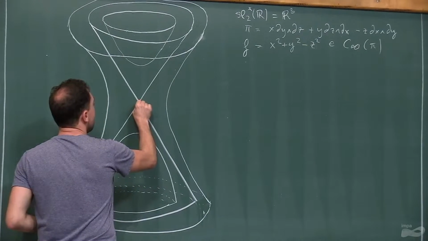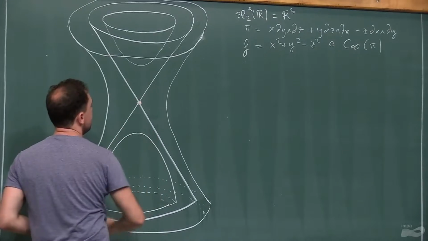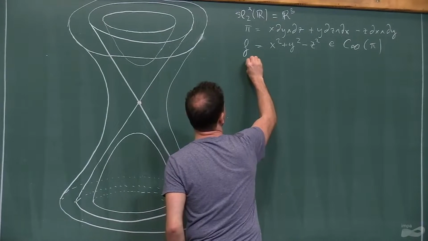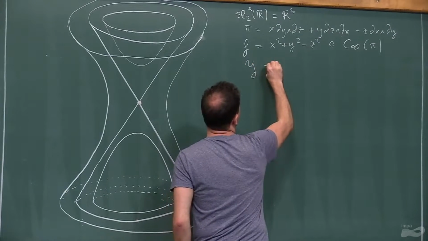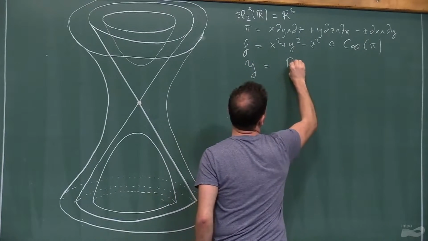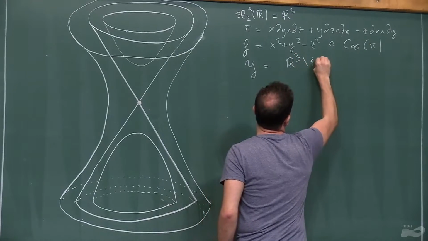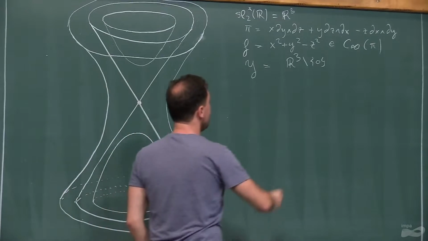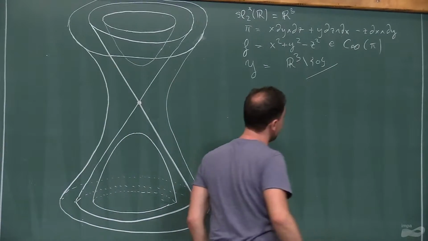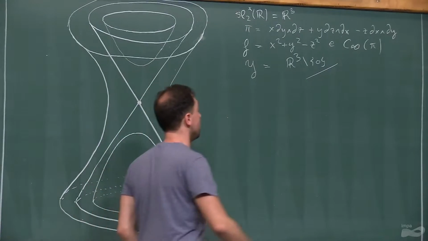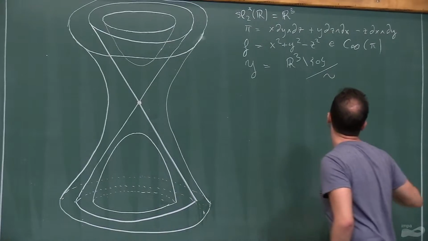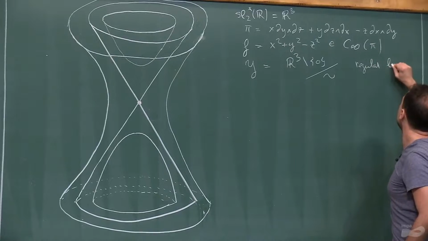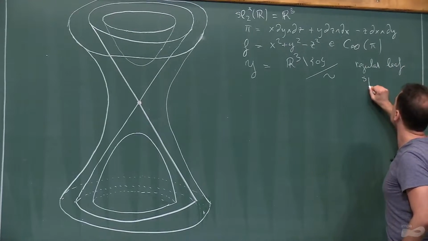Let's say you remove 0, and you take Y, which is R3 minus the origin, and then you identify all leaves. Well, you identify points which are on the same leaf. I'll call this the regular leaf space.